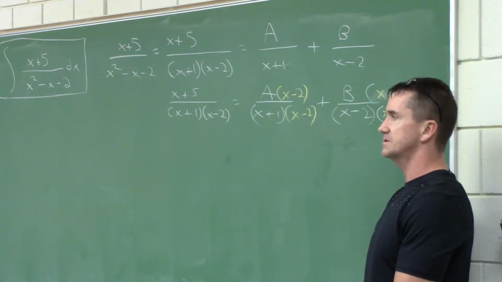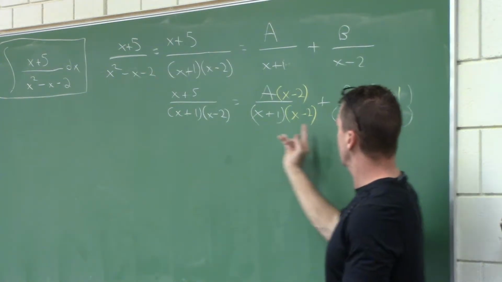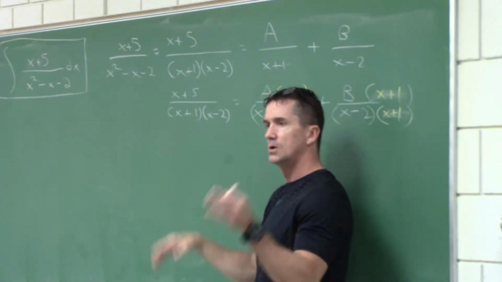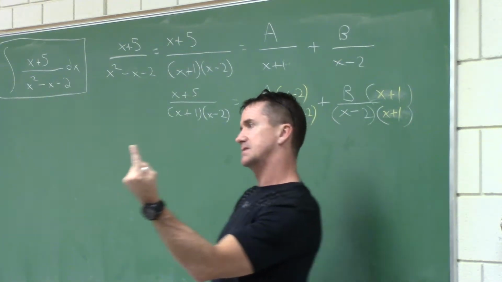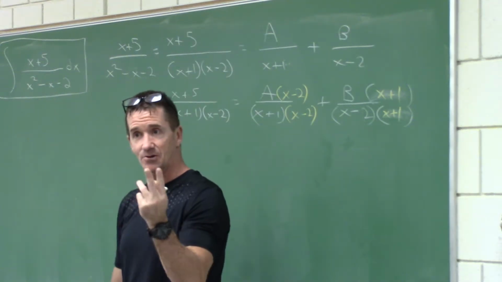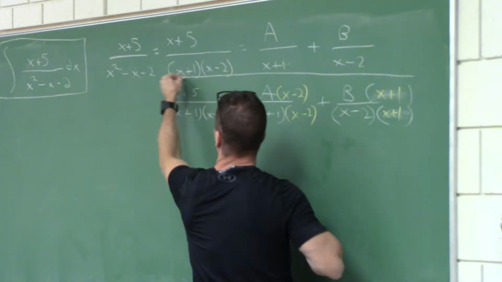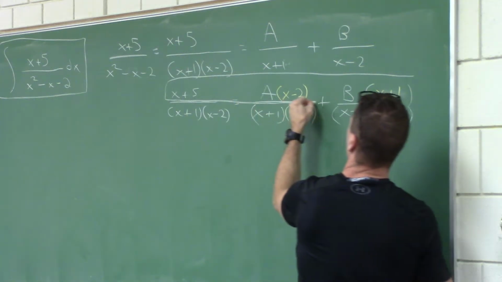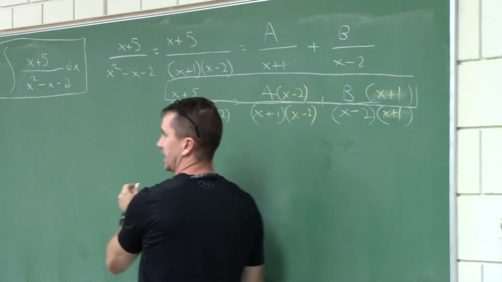I want you to just examine this for a second. Look at it carefully. They're all equivalent. So all we're trying to do is figure out what letter A is and what letter B is. So our concentration is now just this numerator. Would you put a box around this entire numerator? That's our problem here. This is where our eyes are now.